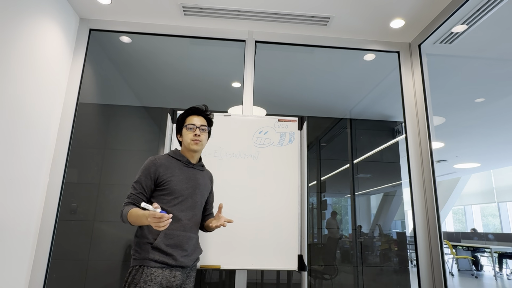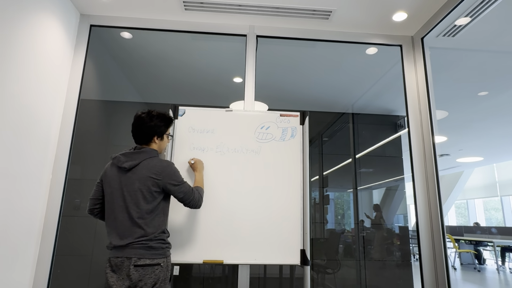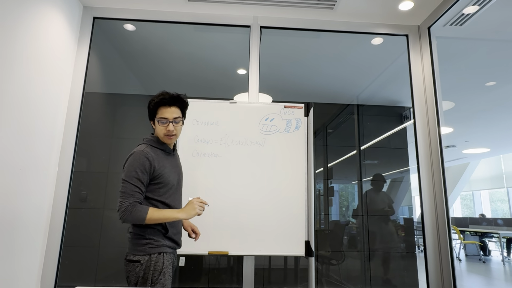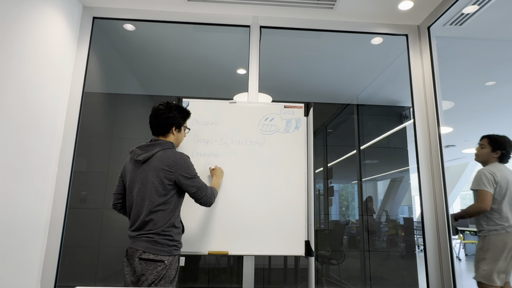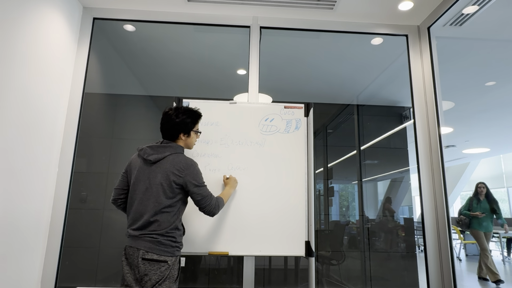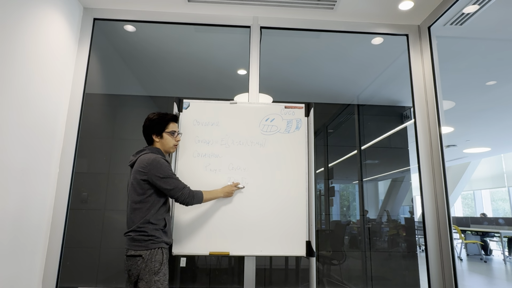So what people do is define another function that is called correlation. It is defined as the covariance of x and y over the multiplication of the standard deviations of x and y.